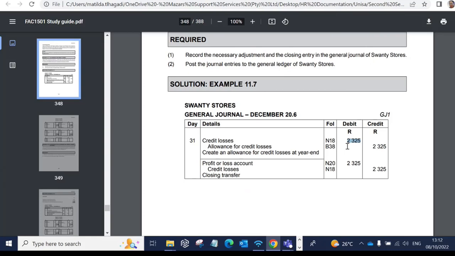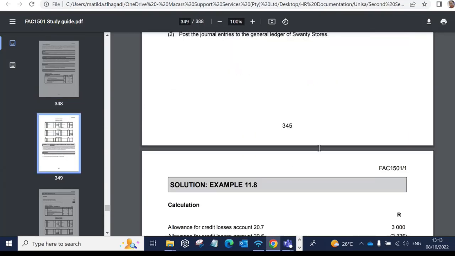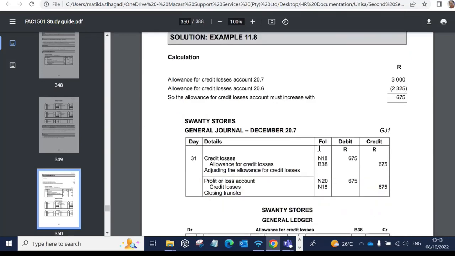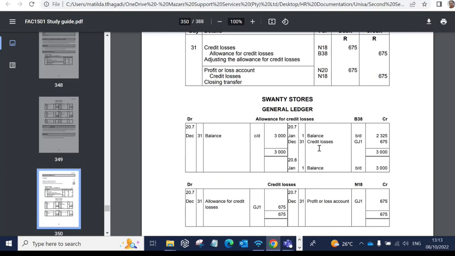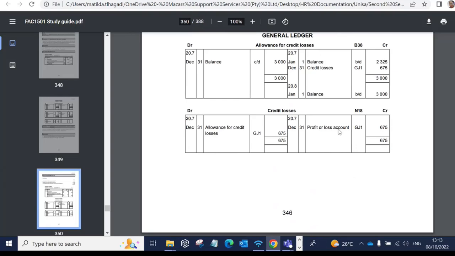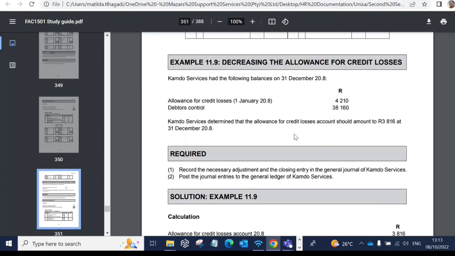They want the allowance to be 3,000, so it will have to increase by 675. The allowance has increased by 675 to make it 3,000, and we're going to move the 675 to the profit and loss account.